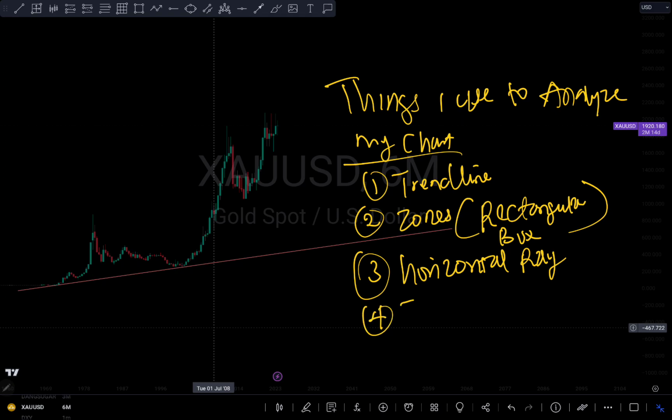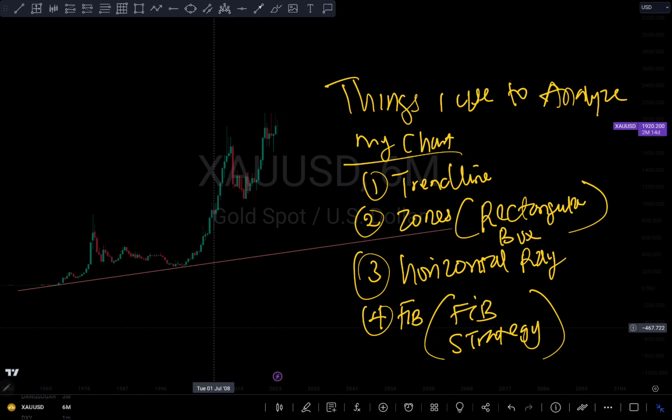I use Fibonacci, and this is really crucial because my strategy is based on Fib. If you've been watching my analysis, you know by now that the majority of how I take my trades is based on Fib.